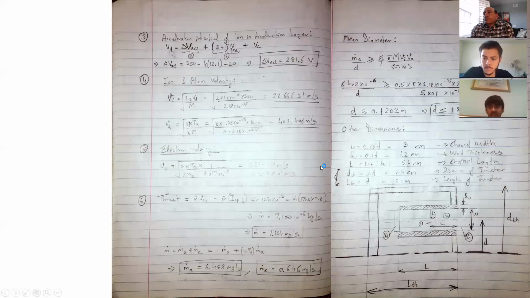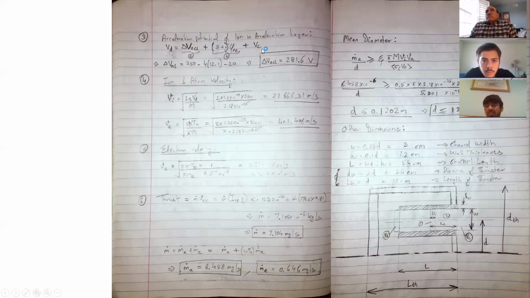Now coming back to the equation that I was trying to explain, point number 3. The discharge voltage can be distributed into the acceleration region, the ionization region, and the cathode voltage. We need to find the voltage specifically of the acceleration region itself, because we know the rest. The discharge voltage is an input, which is 300.